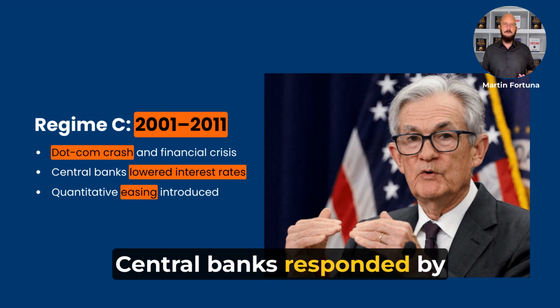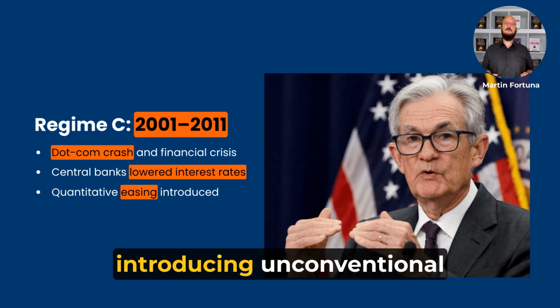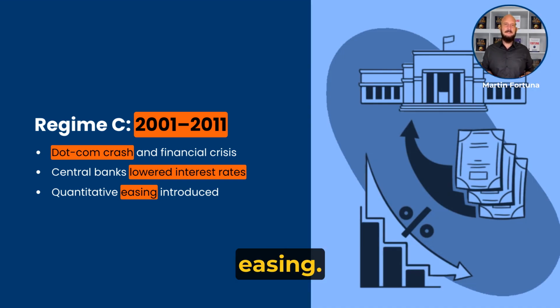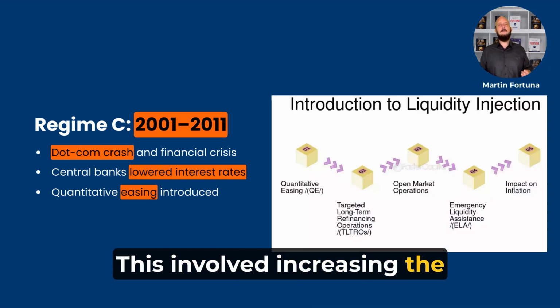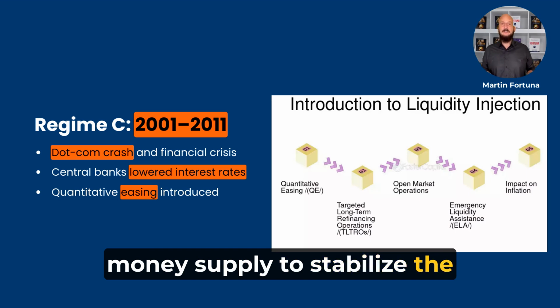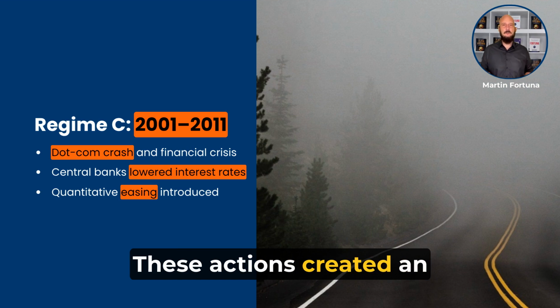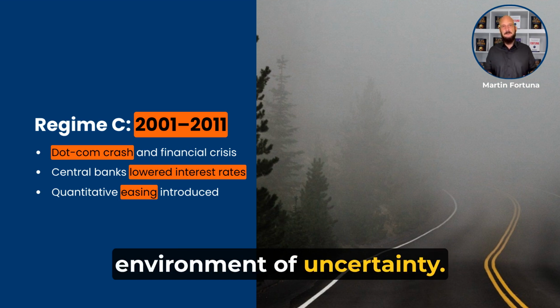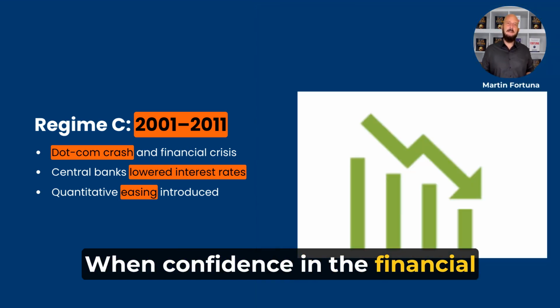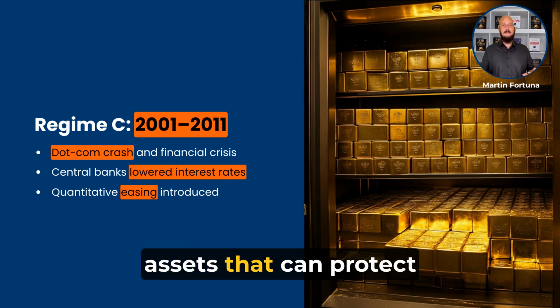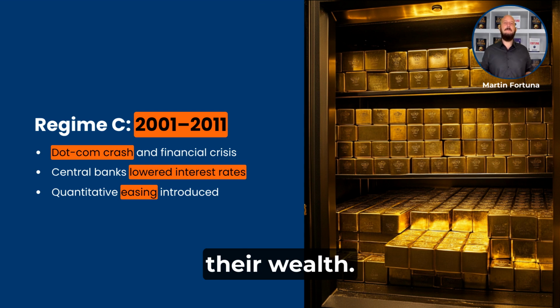Central banks responded by lowering interest rates and introducing unconventional policies such as quantitative easing. This involved increasing the money supply to stabilize the economy and support financial markets. These actions created an environment of uncertainty. When confidence in the financial system declines, investors tend to look for assets that can protect their wealth.